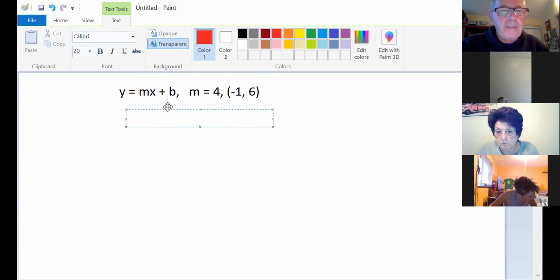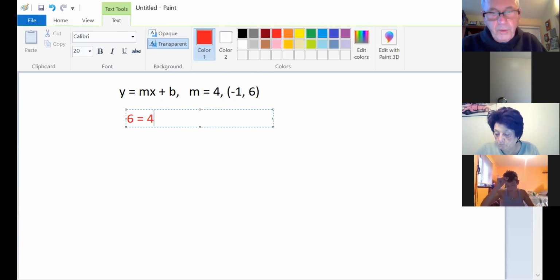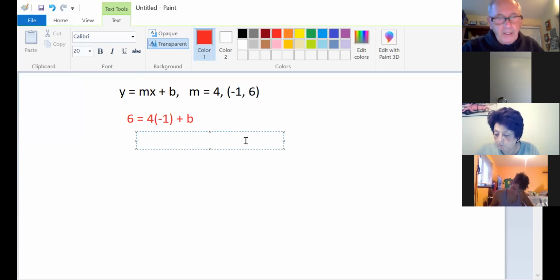So in this particular case, it looks like this. We've got 6 is equal to m was 4, it's given. The x value is -1, so it's like this, plus b, okay? So now you just solve for b. So now you've got 6 is equal to -4 plus b.